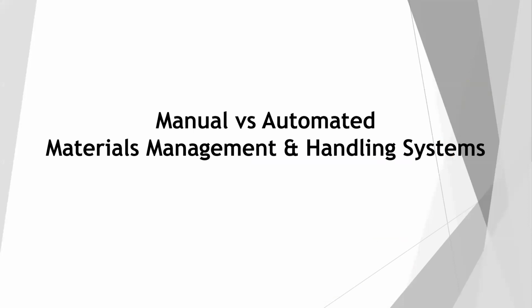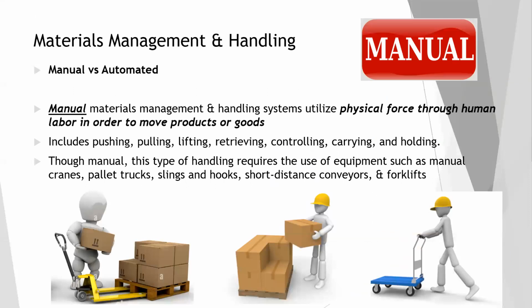So let's talk about manual versus automated materials management and handling systems. Manual materials management and handling systems utilize physical force through human labor in order to move products or goods. You are always going to have a person pushing, pulling, lifting, setting down. So this includes pushing, pulling, lifting, retrieving, controlling, carrying, and holding, all done by an actual human laborer.